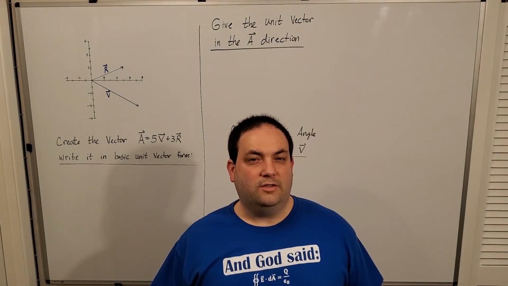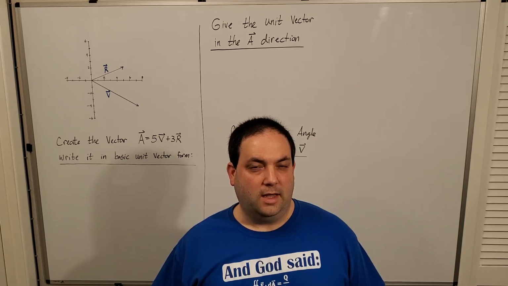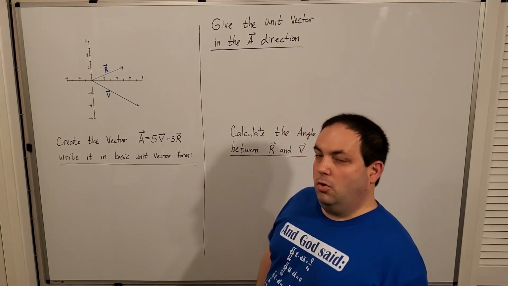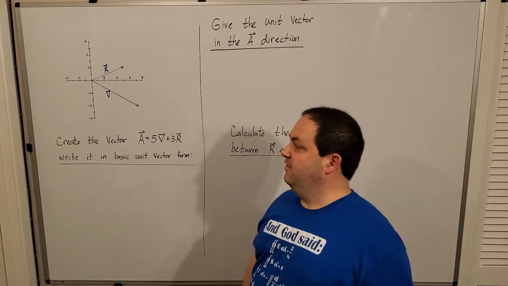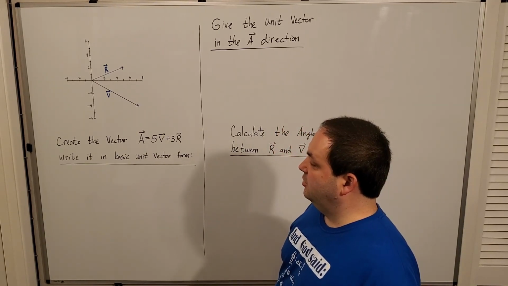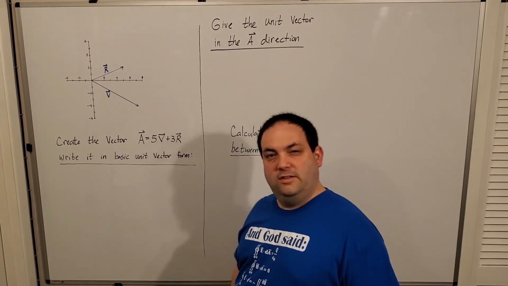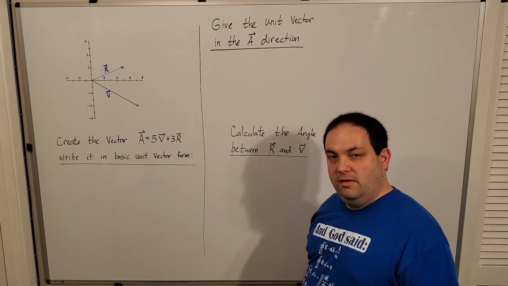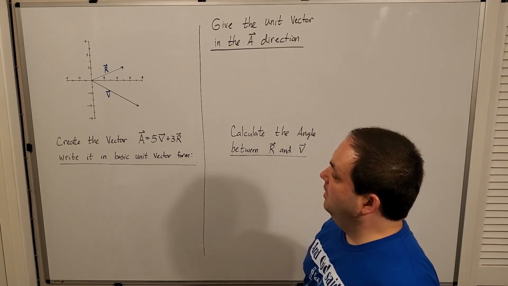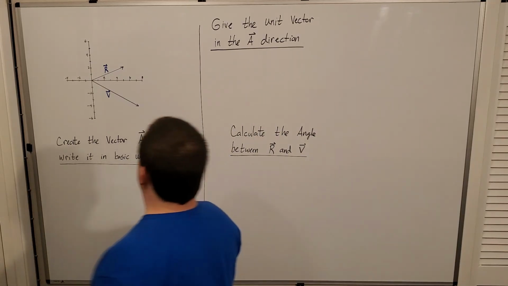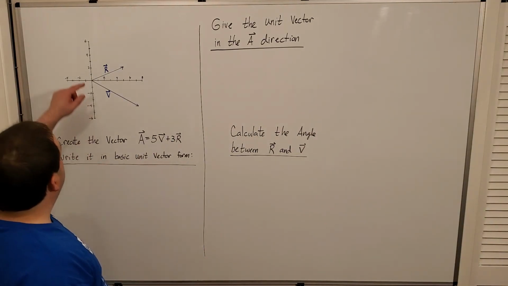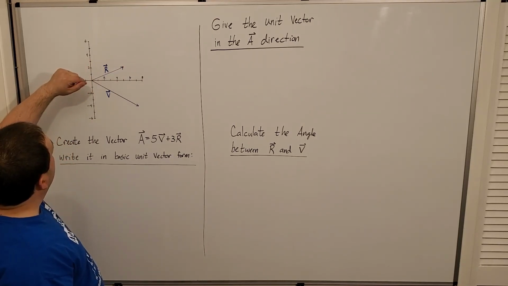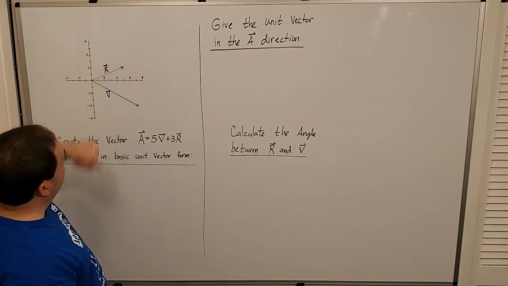Now into our vector applications and calculations. So we have 2 vectors that are drawn for us, the r vector and the v vector. And then we're asked to create a third vector, vector a. And then we have a few calculations with the various 3 vectors here. So let's start by reading the vectors here. I see vector r pointing up here, and I want to get the 2 components.